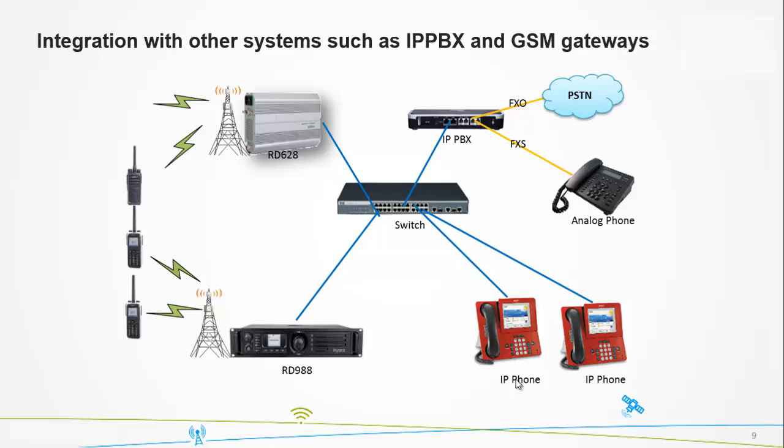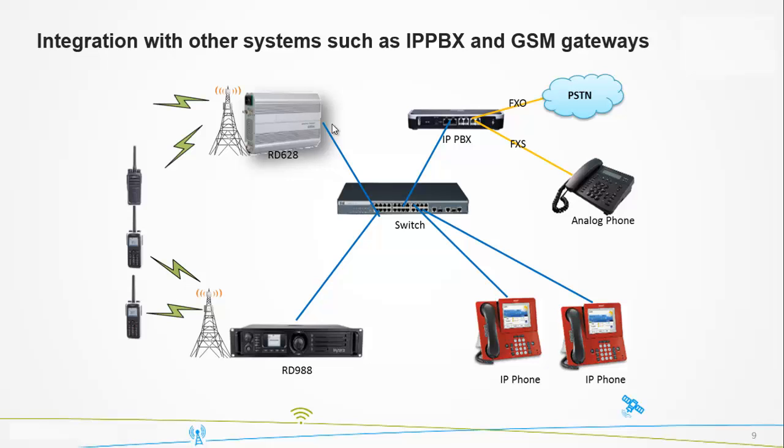Another feature is that the analog or the digital radios can be integrated to your existing IPPBX and GSM gateways. So the digital radio in the field can easily contact the IP phone in the office, or if you have a router and some static IP, the digital radios can also contact outside calls and vice versa.